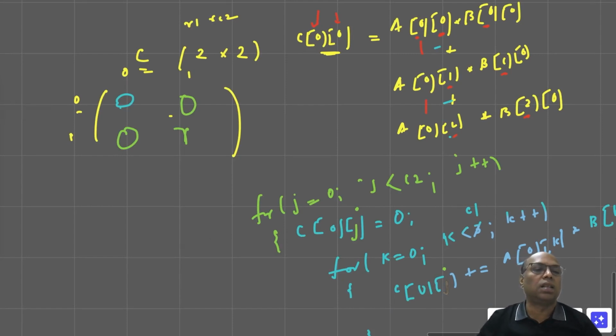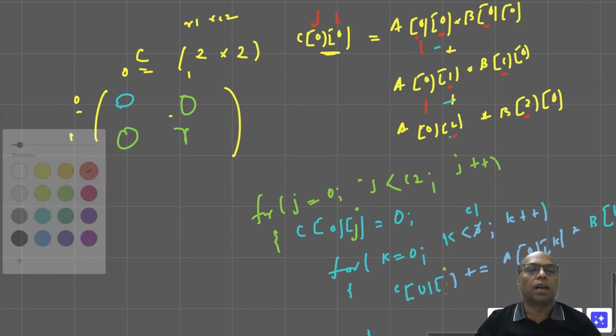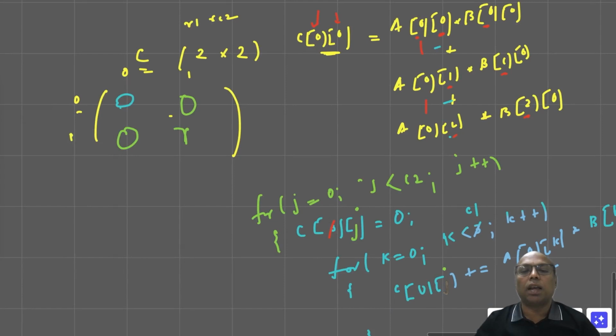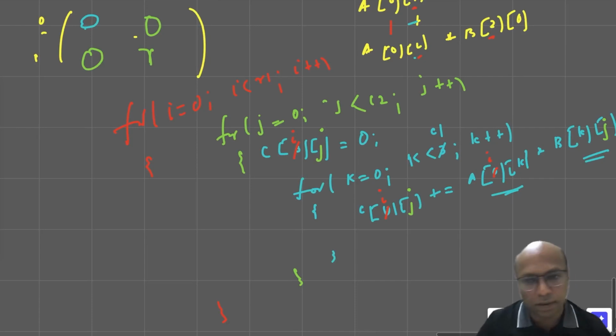I need to change here. I'm going to make it i here. I'm going to make it i here. I'm going to make it i here. Where my i is going to vary, i is less than the row of the first matrix. Got it? Remember that?